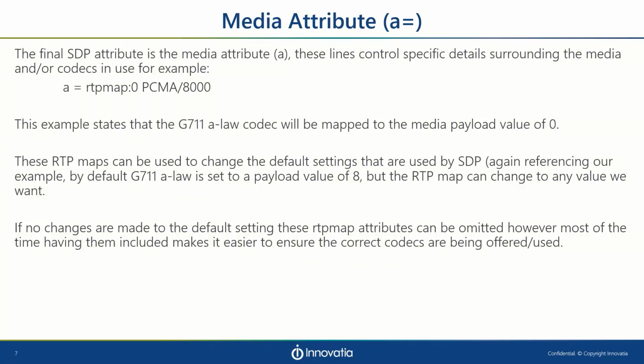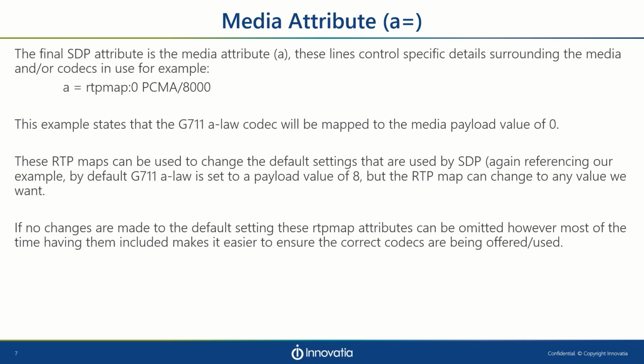Now, by default, each codec, or certainly all of the common ones, G711, G729, G722, have default media payload values that are included just as part of the SDP protocol itself. However, you can use the last attribute that we're going to talk about, the media attribute, to change those default settings.